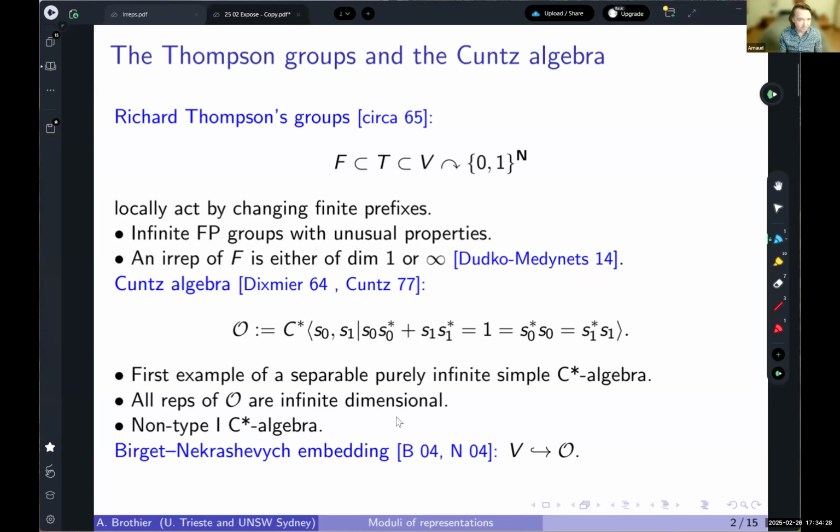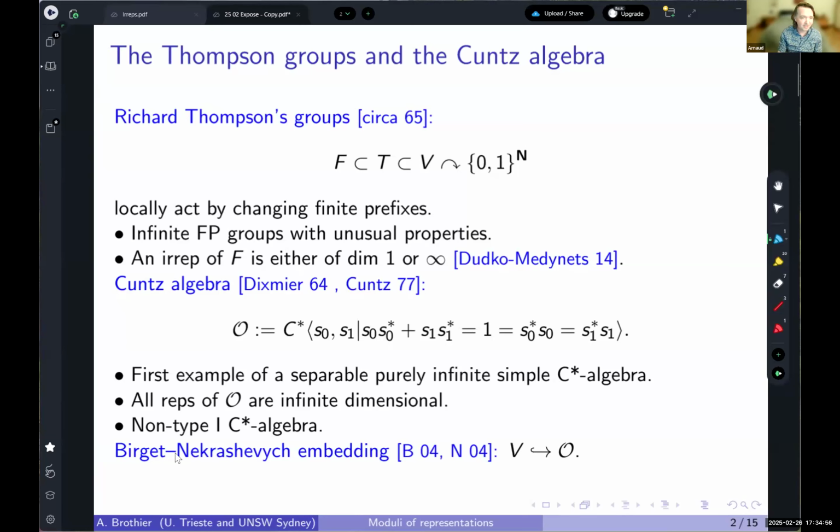All right. So punchline here, difficult, mysterious objects, V and O. It's very difficult to construct representations of them. Why am I talking about both of them? Well, there is a very tight connection between Thompson's group V and the Cuntz algebra. And that was something discovered in 2014 independently by Birget and Nekrashevych.